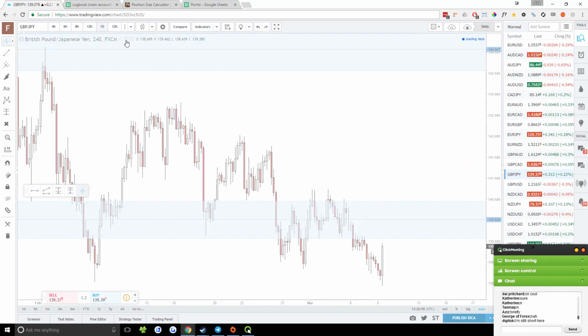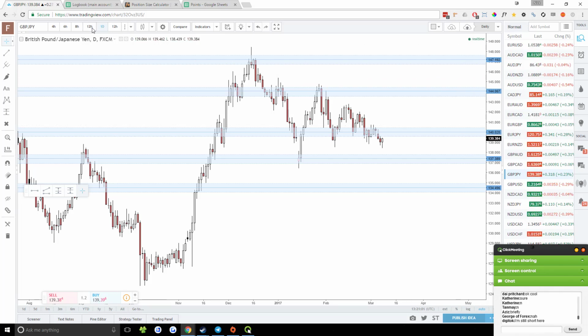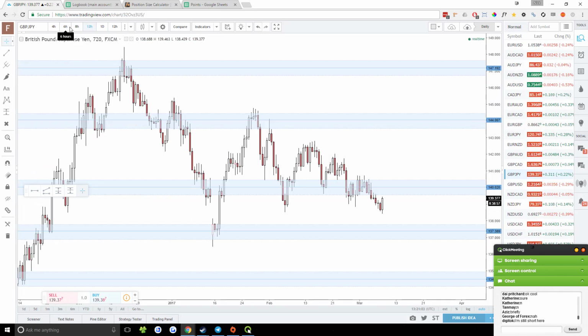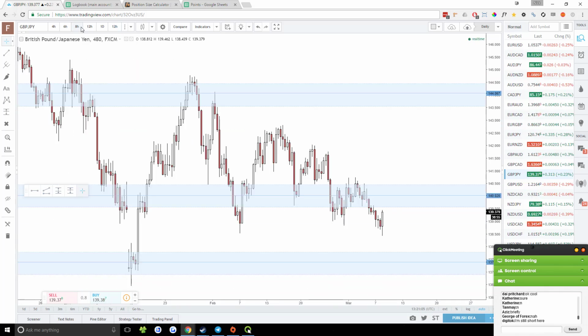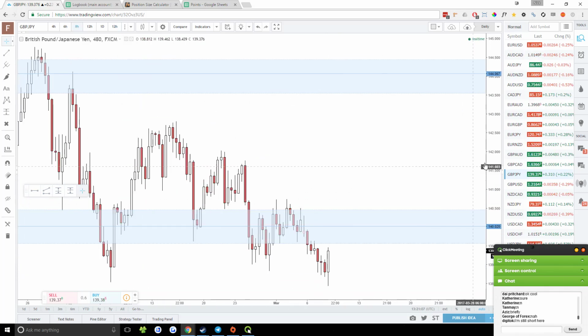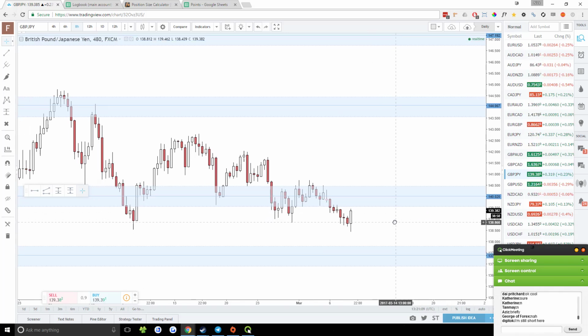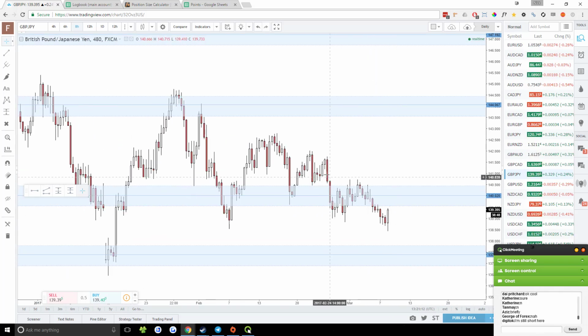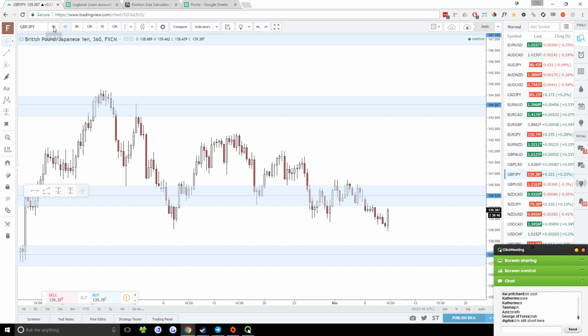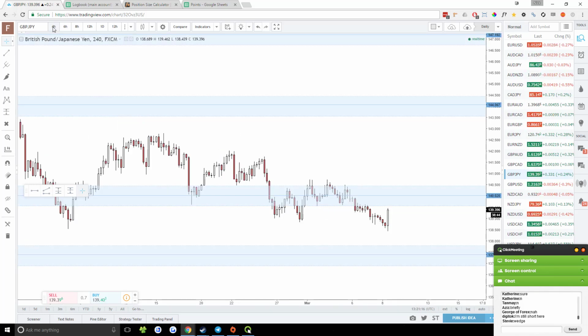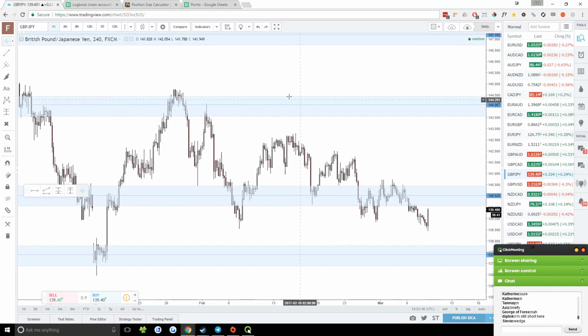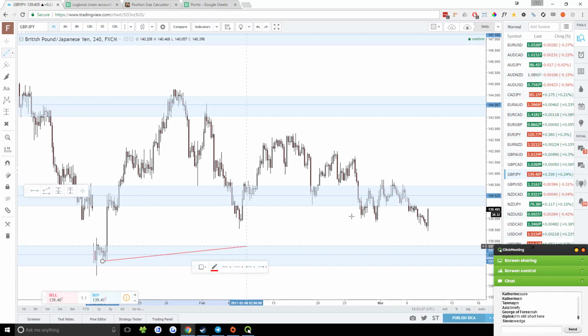GBP JPY, what's up with GBP JPY? I'm just going to test you guys. Is anyone thinking what I'm thinking right now about GBP JPY? No. No wedge. Wedge broke. There was a wedge. Damn it.